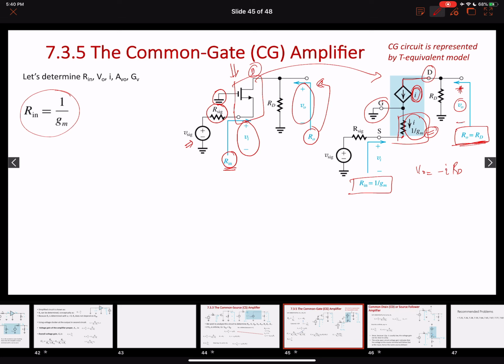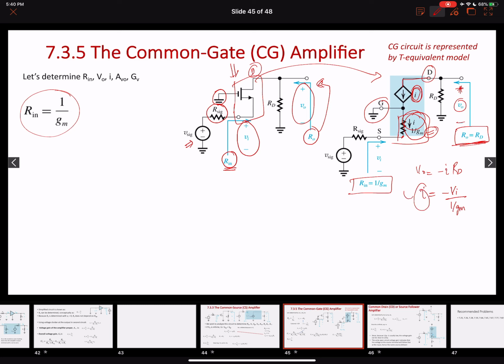Similarly, let us now find the current I flowing into the source terminal. Again, looking at the potential drop VI and the direction of the current, this current can be written as minus VI over resistance, and the resistance over here is 1 over GM.